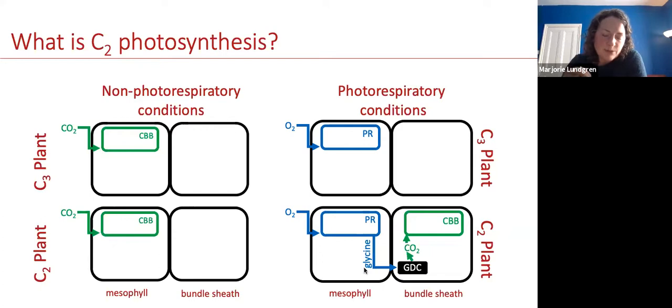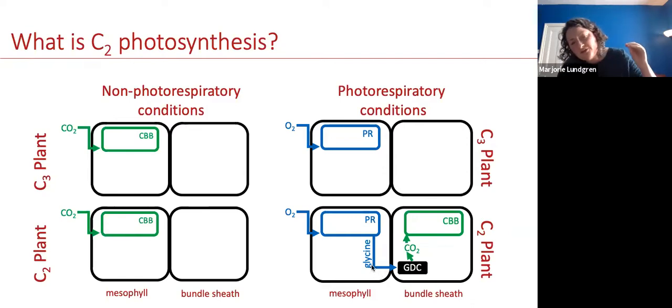The reason it accumulates there is because GDC, which is glycine decarboxylase, in a C3 plant is going to be in the mesophyll. So that's why you can do the whole photorespiratory process in the mesophyll. But in a C2 plant, it's over here, in the bundle sheath. That causes glycine to start accumulating in the mesophyll because it can't be decarboxylated.